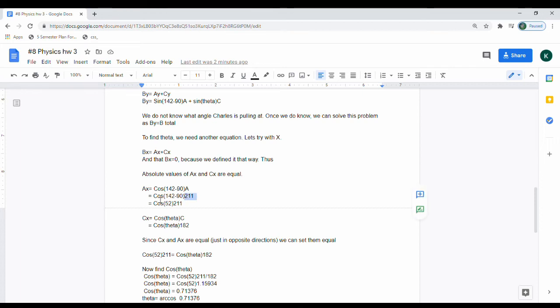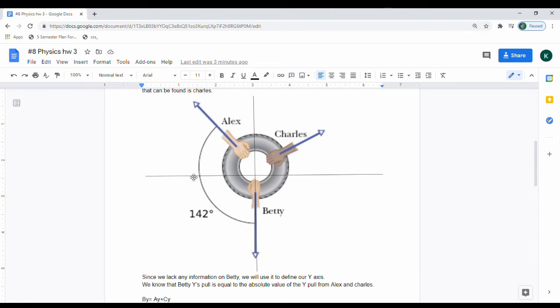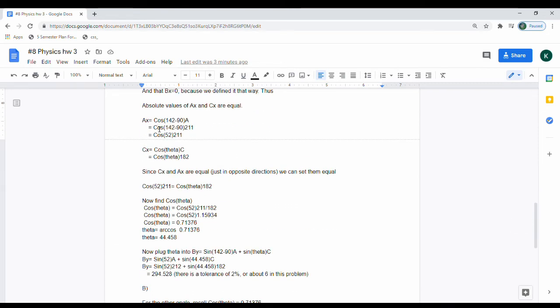But why do we use cosine for x? Well, that's because x is the adjacent to this angle. This is the angle, adjacent is the x. So we know that A of x, which is cosine 52 times 211, is equal to C of x, which is this, which is basically the same as C of y, except we just used cosine.